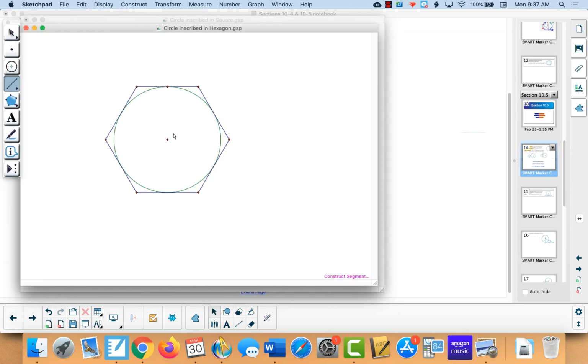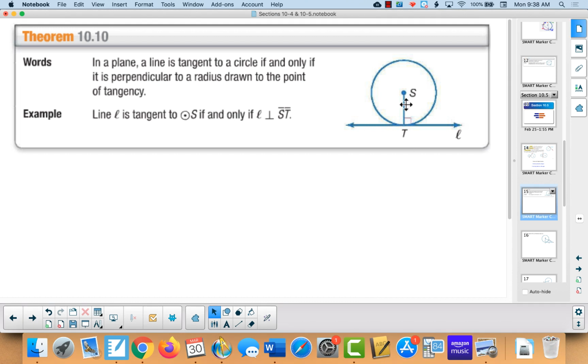So I wanted you to see that anytime you have a radius drawn to the point of tangency of a tangent line, no matter what that tangent line is, a side of a shape, or just a tangent line all by itself, that will always be a 90-degree angle there. So any radius drawn to the point of tangency is going to be perpendicular to that tangent line.